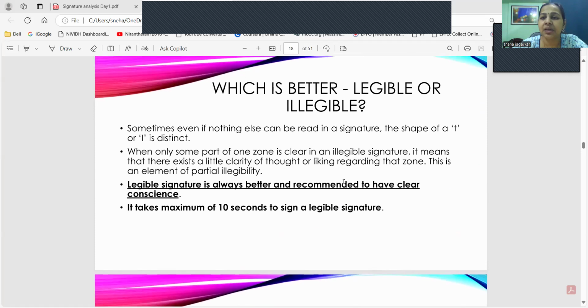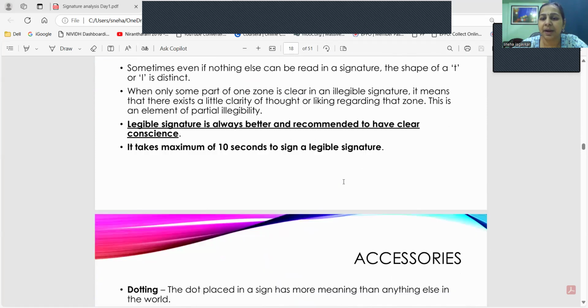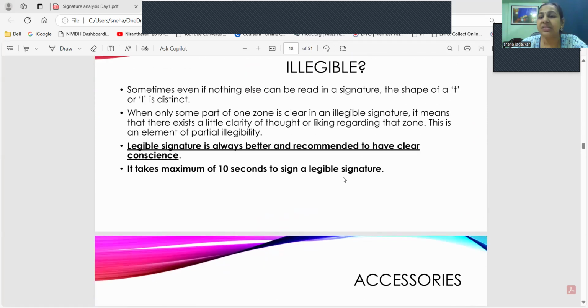After this comes the part called accessories. When I say accessories, you might have seen people circle their entire signature, draw a straight line under their signature, do a concave or a convex underscore, or give two or three dots after or before the signature.